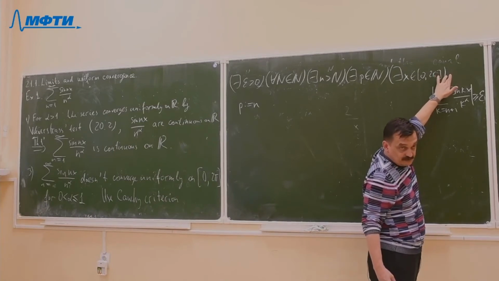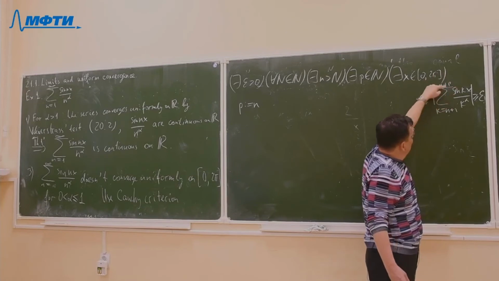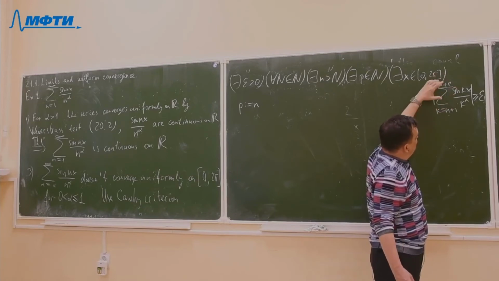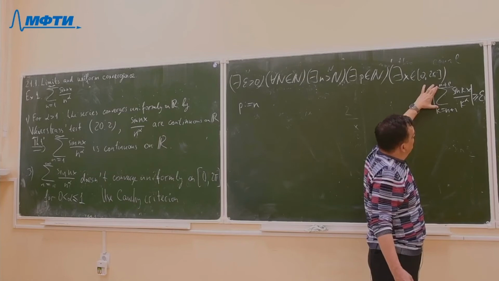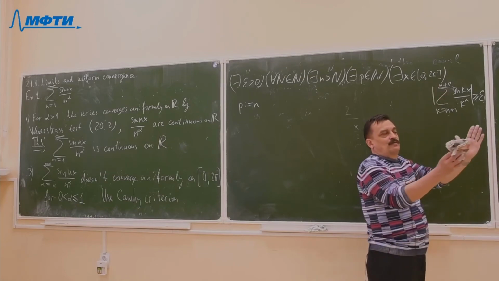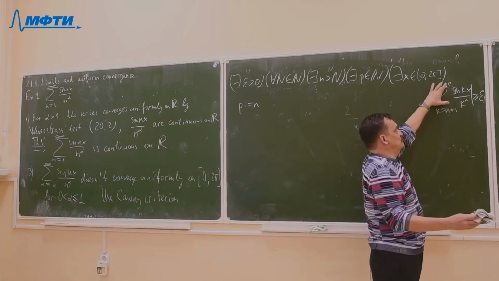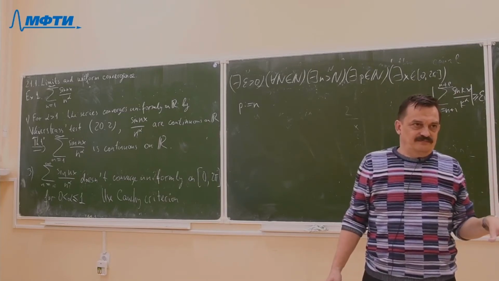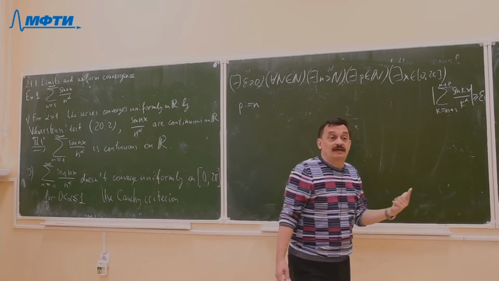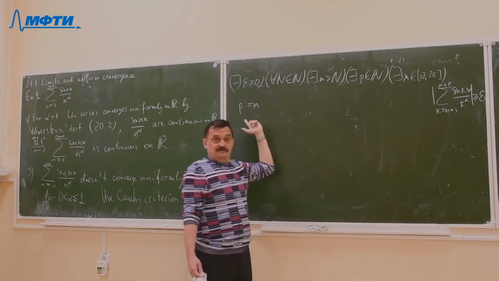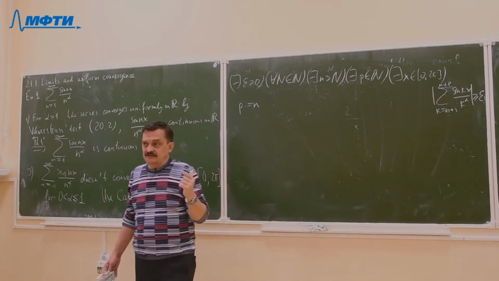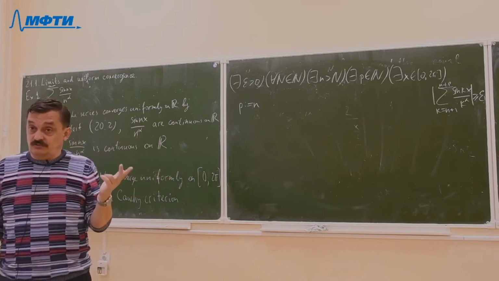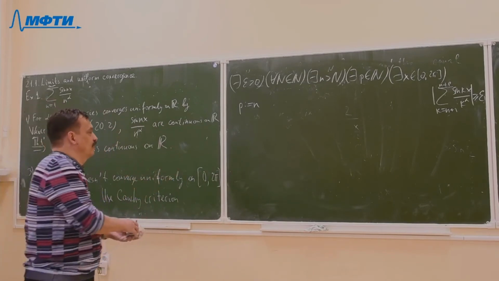For sure, you have to choose something to obtain more and more terms. So p should tend to infinity. And the simplest way to choose something which tends to infinity is just to take p equals to n. Okay?